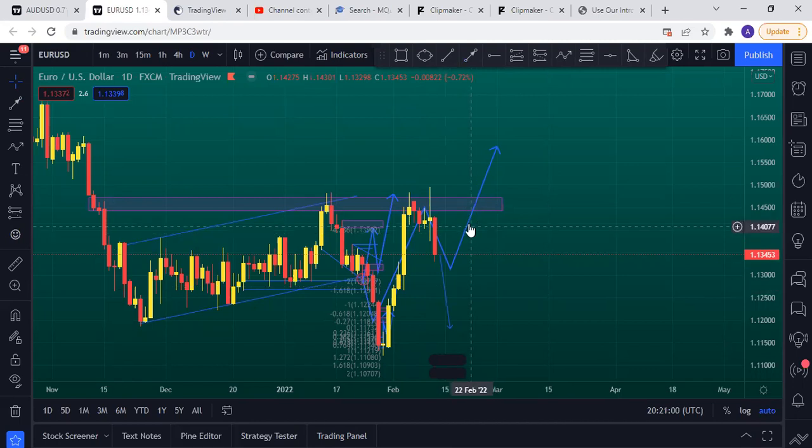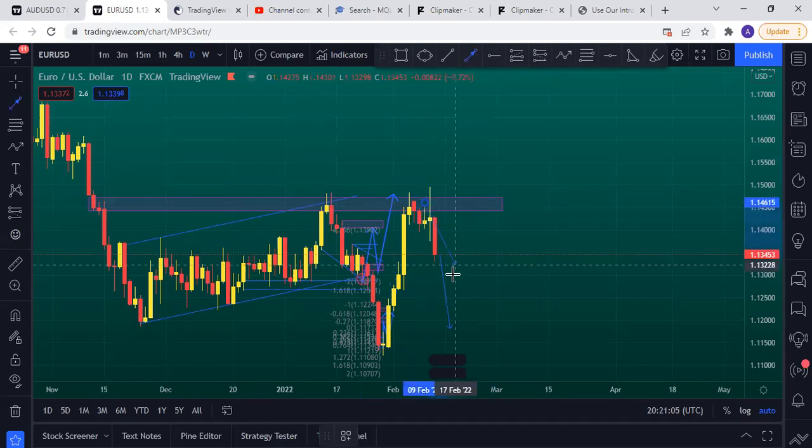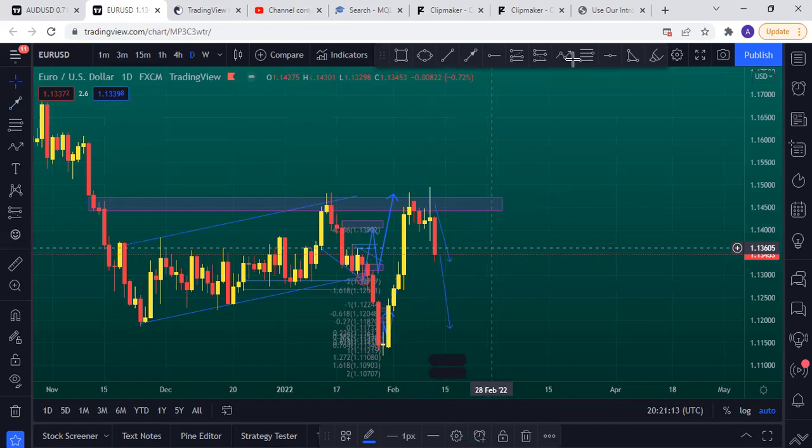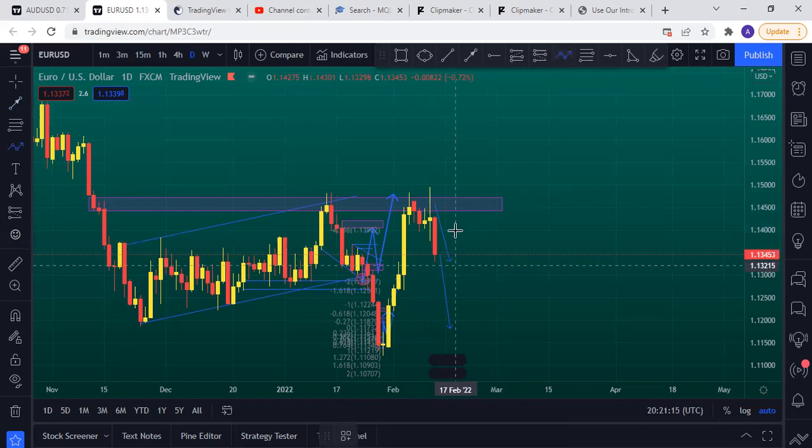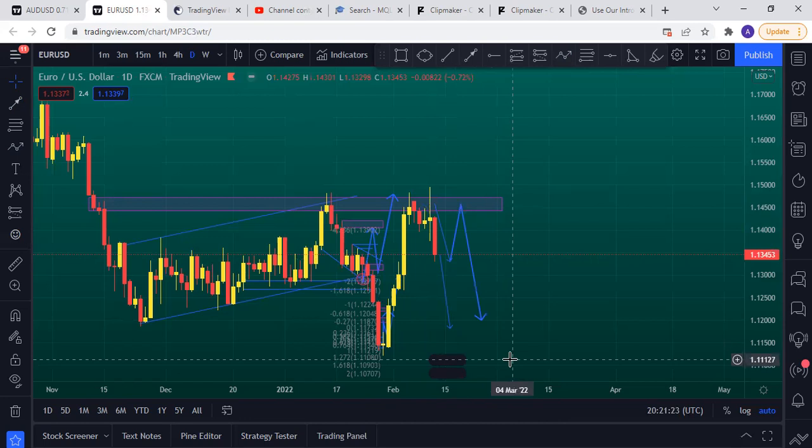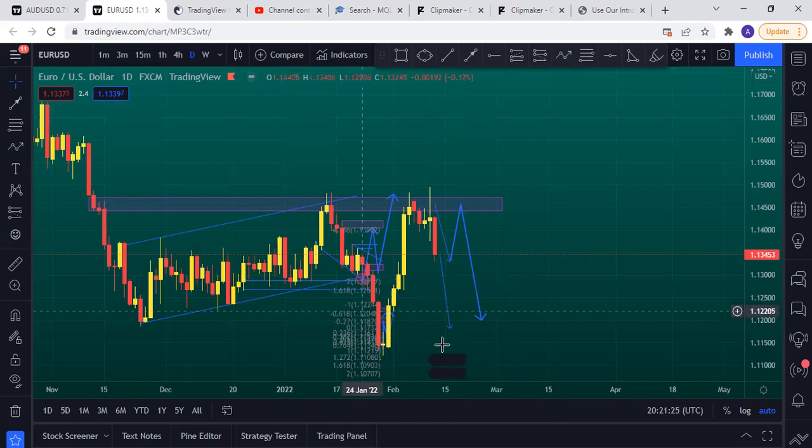So we might see something like that on the Euro USD, or possibly we might have price do something like this. Something like that.